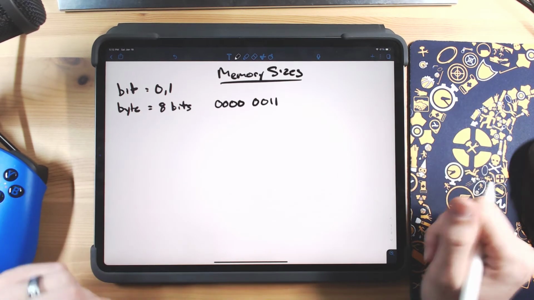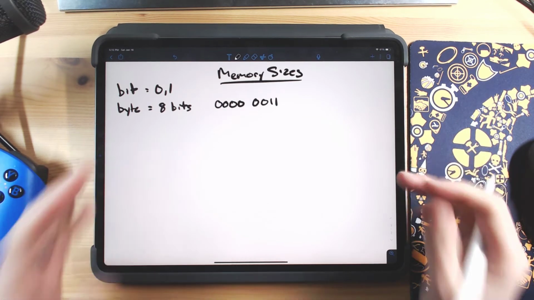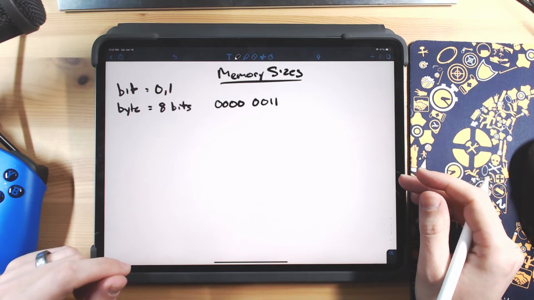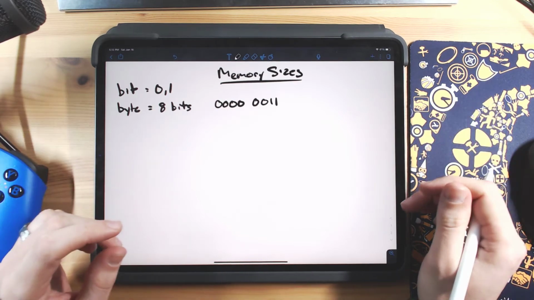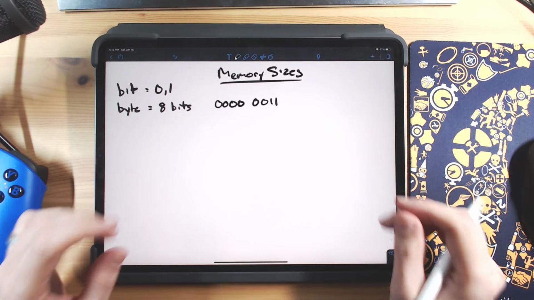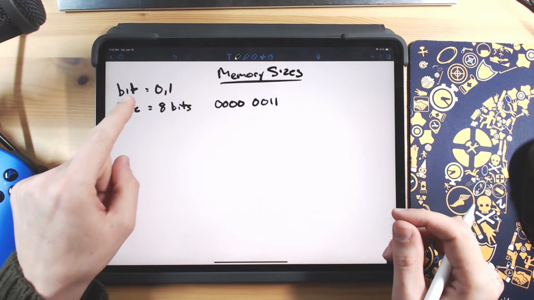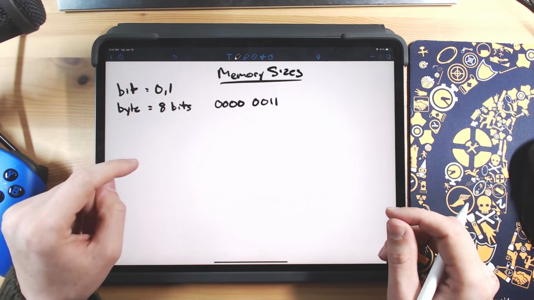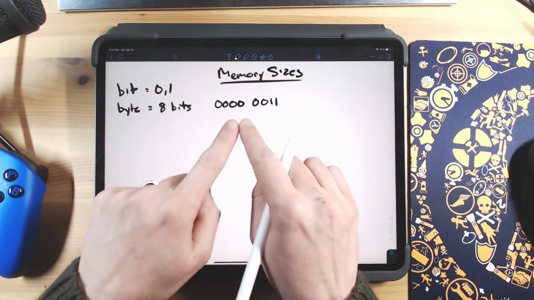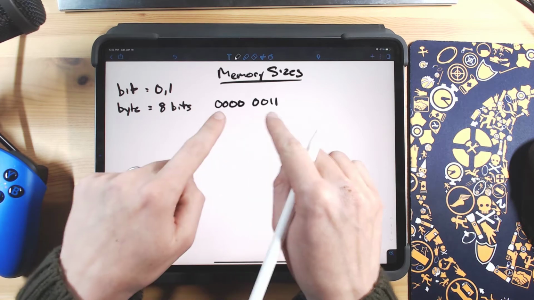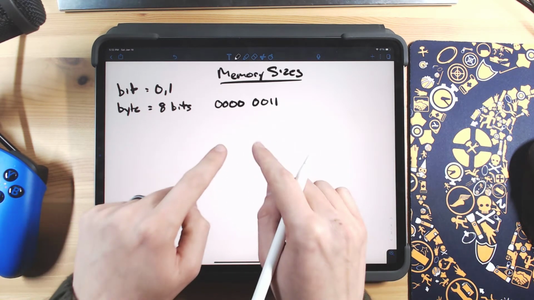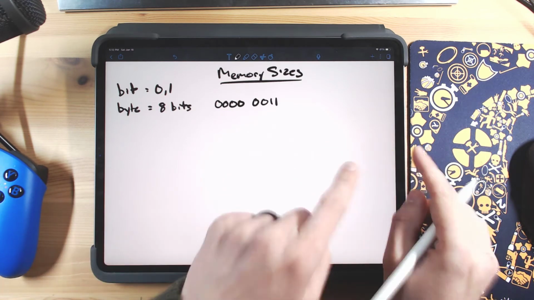Well, what about when we want to store something like a character? A character for us as programmers, or a char, or even strings, right? Those are all stored still using bits and bytes. And the way that we do that is we say, you know what, we are going to use this integer value, this number, to represent a specific character or a specific letter, right?